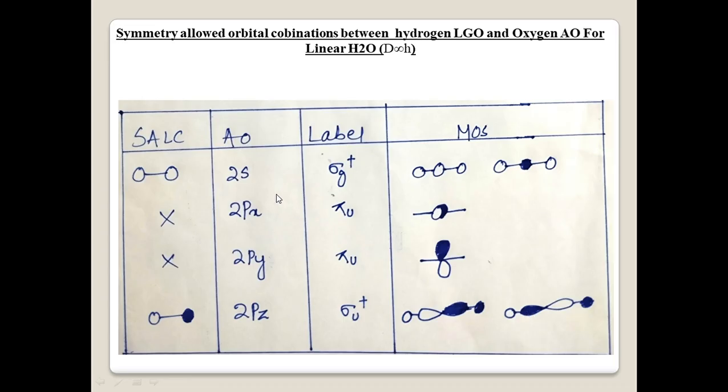But with 2px and 2py, it can be linearly combined, so it will not form any type of bond. It will form only a bond that is present on the same axis. So here only one 2p orbital will form the bonding as well as anti-bonding, right?